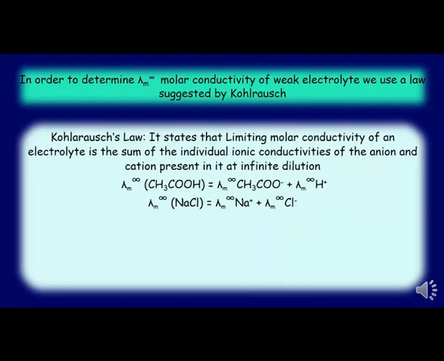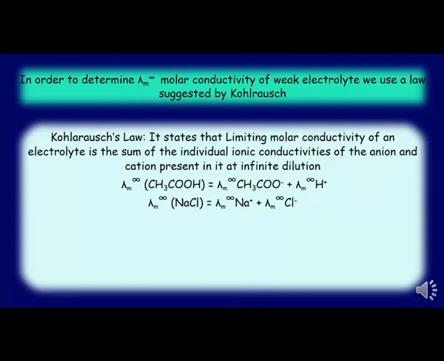Kohlrausch is actually suggesting that at infinite dilution, both weak electrolyte as well as strong electrolyte behave similarly, that is, they are completely dissociated. That is all that is stated in Kohlrausch's law. The contribution of the anion and the contribution of the cations can be summated, that is added, and they are independent of each other.